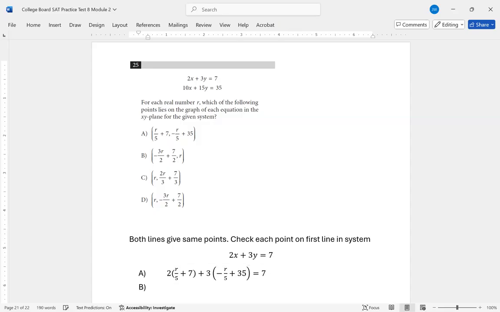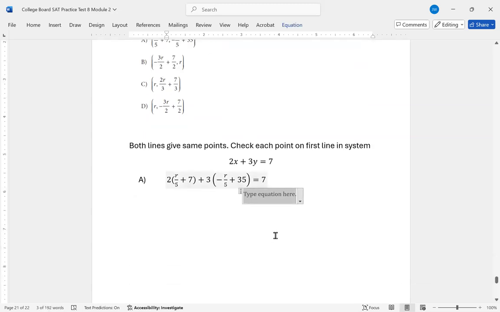Now, when we start to simplify that, I'll simplify this in a couple of stages: 2/5 r plus 14 minus 3/5 r plus 105 is equal to 7. If I simplify that left-hand side, I get 119 when I combine 14 and 105.